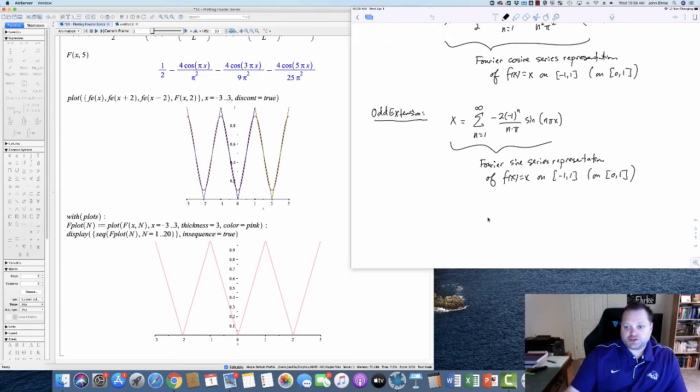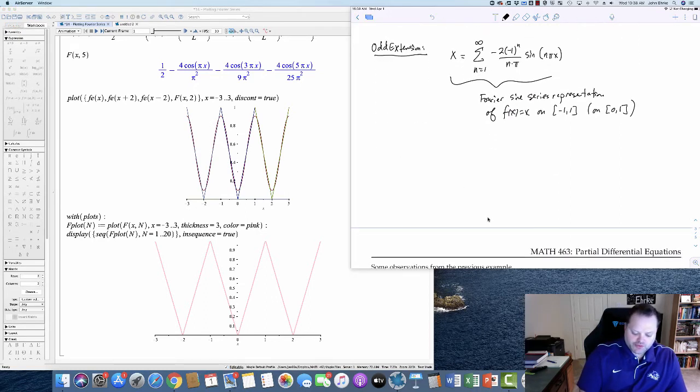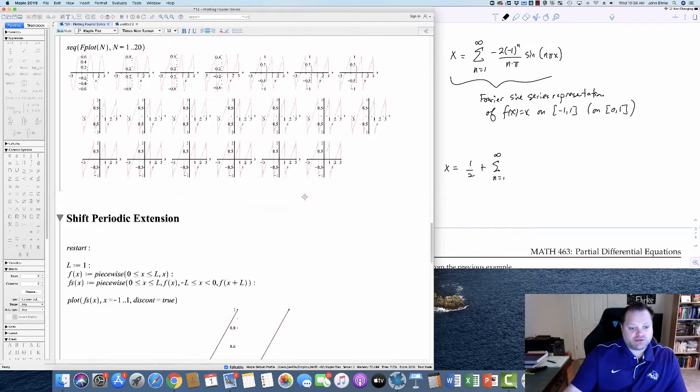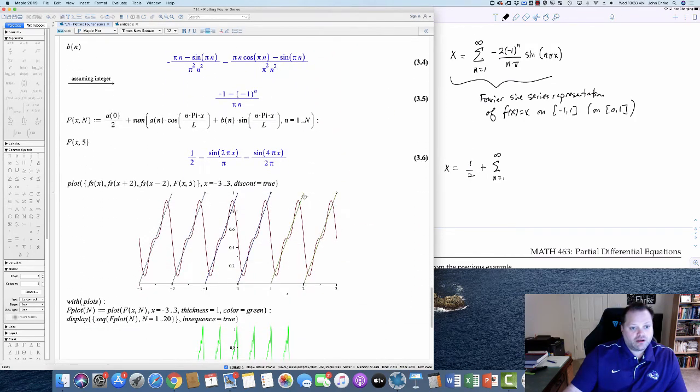So let me just finish out here by writing down what the shift extension ended up being. The shift extension for the function x turned out to be, remember a naught was 1, so you get 1 over 2 plus the sum, n goes from 1 to infinity, and it was only the Bn terms that survived there.